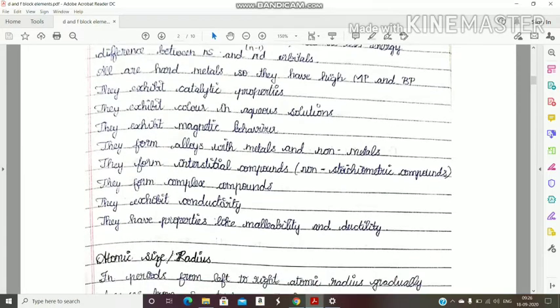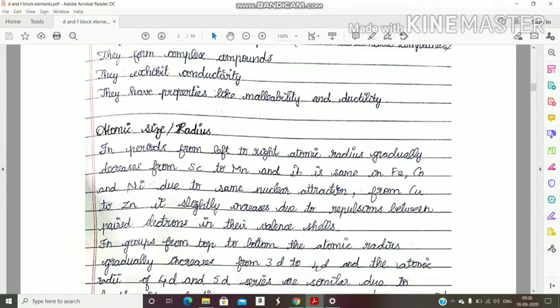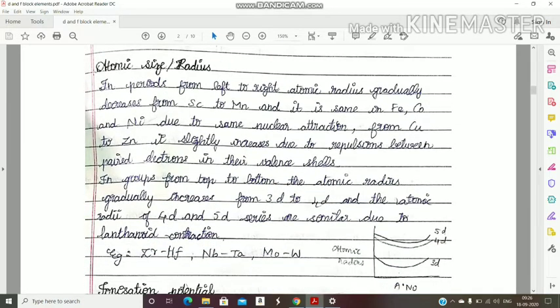Next, atomic size. One more name is atomic radius. That means we have to discuss atomic radius of transitional elements. We know that in periods from left to right, atomic radius gradually decreases.